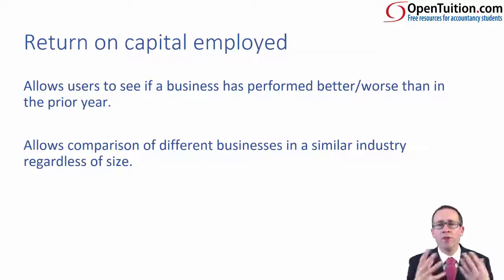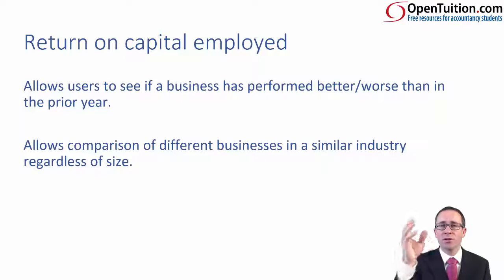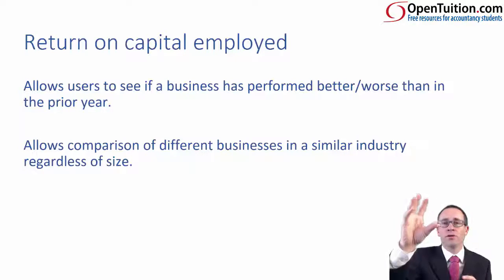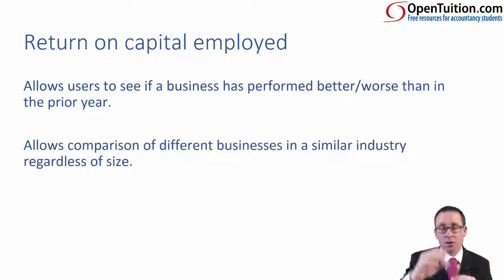So think about one of your really large supermarket businesses, one of the top of the chain. They have massive profits, but their massive profits will be different to the small profits compared to another supermarket at the bottom of the supermarket chain. You might think, well, right, that company that's got all the profits is doing much better than the company that's got the much lower level of profits.